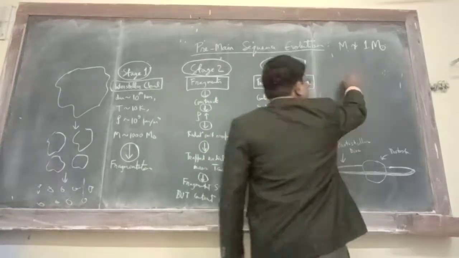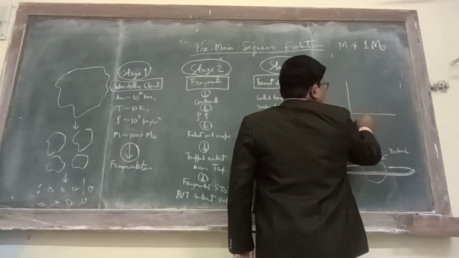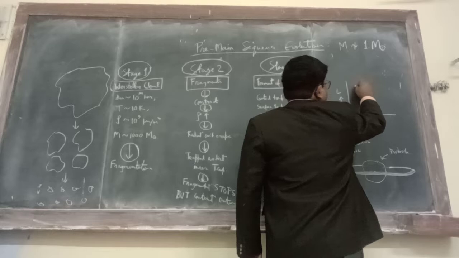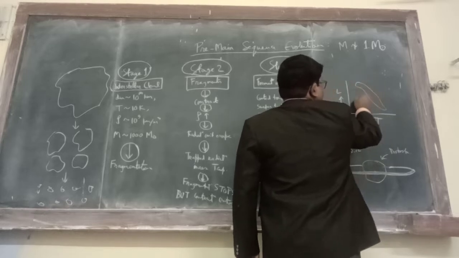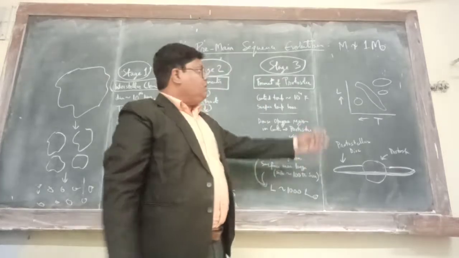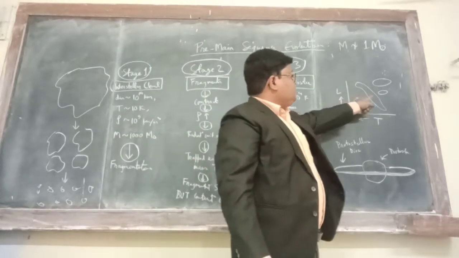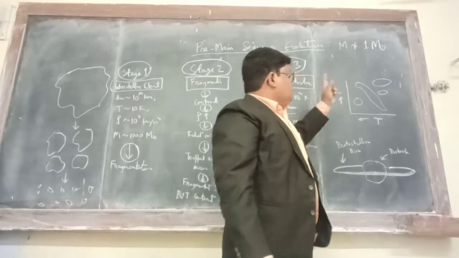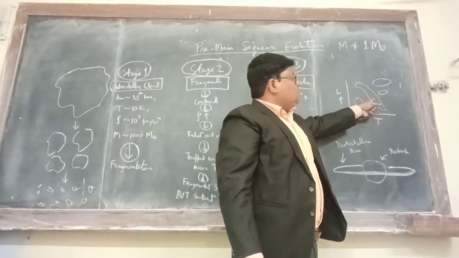If you will remember, this is temperature increasing, luminosity increasing, and it was like this. Well, log plot, of course. So this is white dwarf, this is main sequence, there are giants, supergiants. Now I am talking about this main sequence.